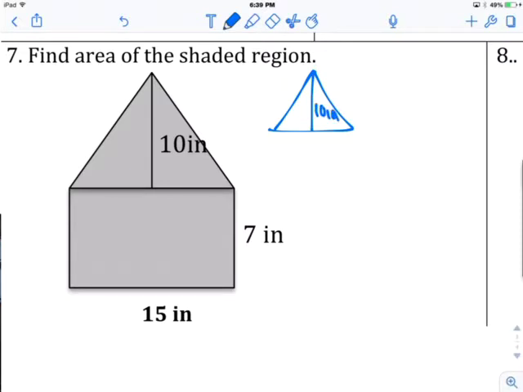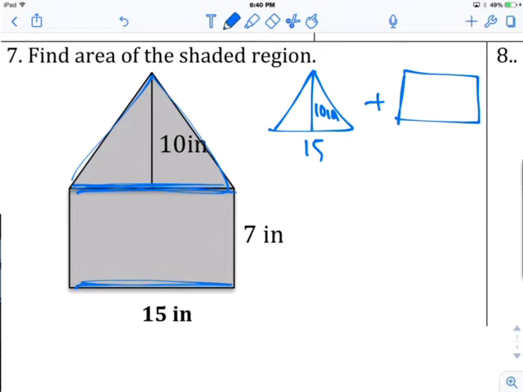And then the rectangle, that's the triangle. This one here is 15. It's the same as this, plus the rectangle. It's 15 and 7. It's length times width divided by 2, or another way to say it is base times height divided by 2. Same thing, okay?